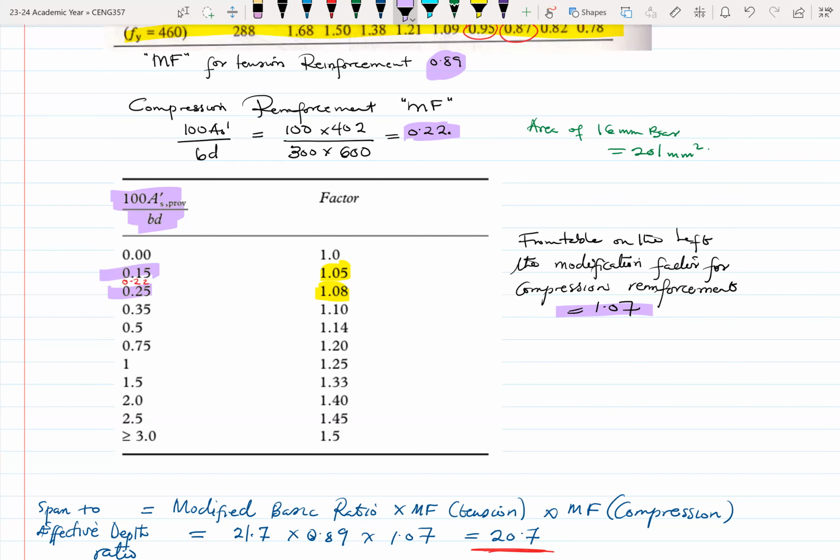So now we have two modification factors, one from the tension and one from the compression. What do we do? In this case, per the code, we multiply the two modification factors together. It becomes 0.89 times 1.07.